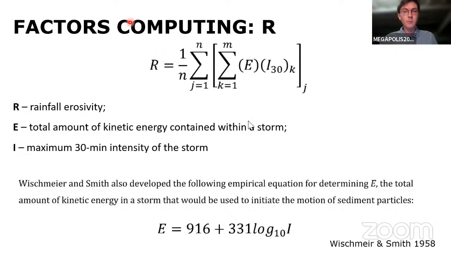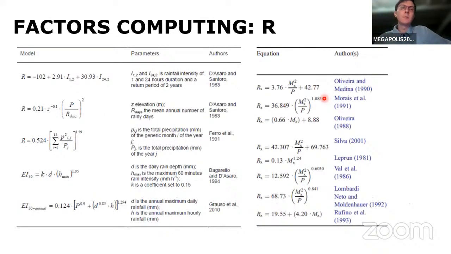You're very lucky if you have this data for your area of interest, because usually all these calculations are based on empirical equations which use mean annual rainfall amount or some indexes like the modified Fournier index or other stuff.